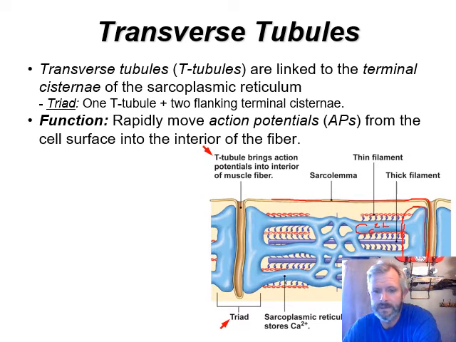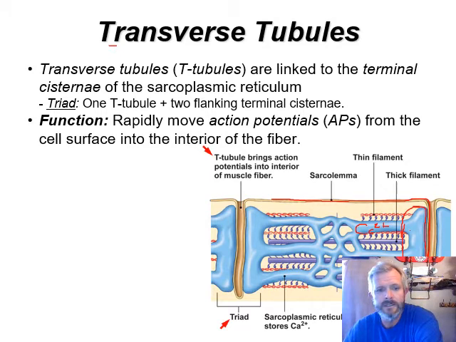Okay, but again, the T-tubule's function is to bring the action potential deeper into association with the deeper sarcoplasmic reticulum, in association with what we call the terminal cisternae of the sarcoplasmic reticulum.